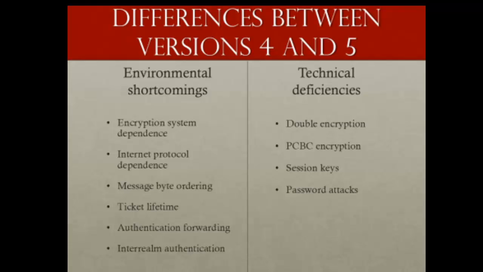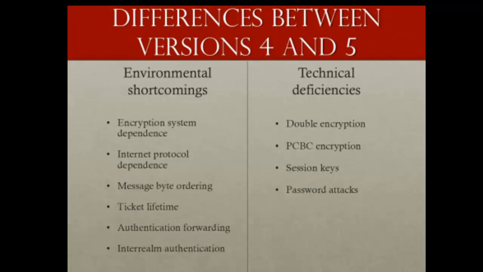Okay, now we're going to start talking about the differences between versions 4 and 5 of Kerberos. It was version 5 that was intended to address the limitations of version 4 in two specific areas, what we call environmental shortcomings and technical deficiencies. So we're going to summarize the improvements in each area.